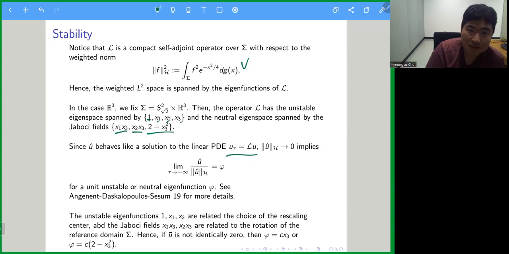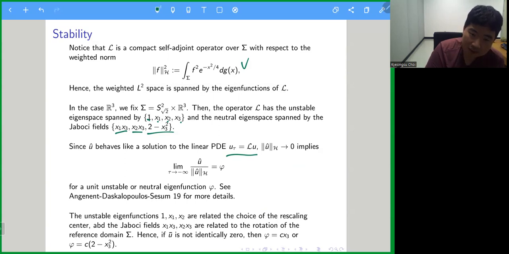And then by using some very basic idea for linear PDE: if you consider a linear PDE and the operator is self-adjoint and compact, you can consider the eigen decomposition at each time. Then you can find the ODE of each coefficient.